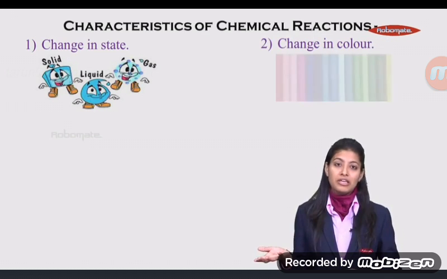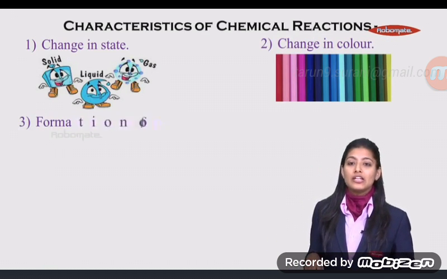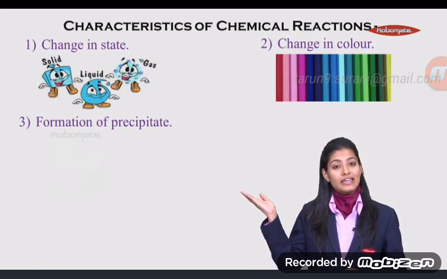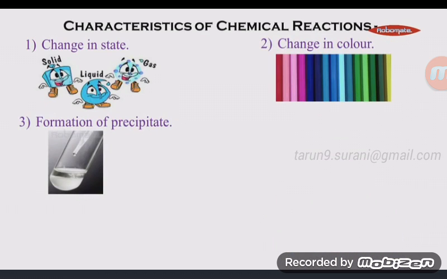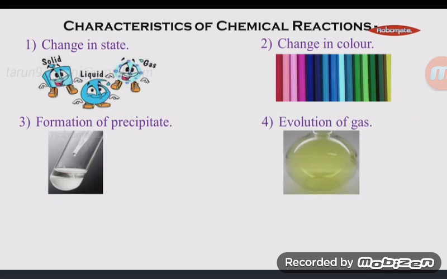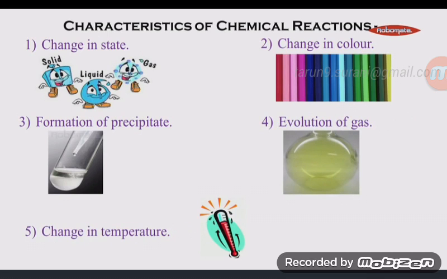Change of color, which can be any color. There is also formation of precipitate, like it happened in the reaction of lead nitrate with potassium iodide. Also evolution of gas, and finally change in temperature. And these are the characteristics of chemical reactions.